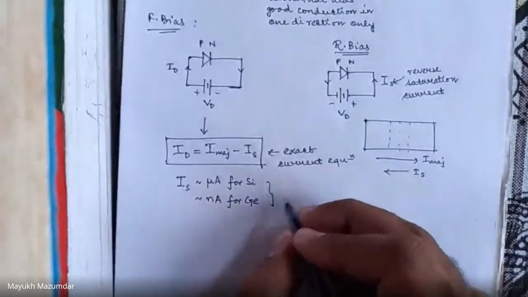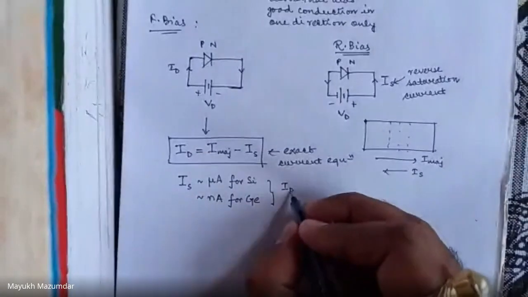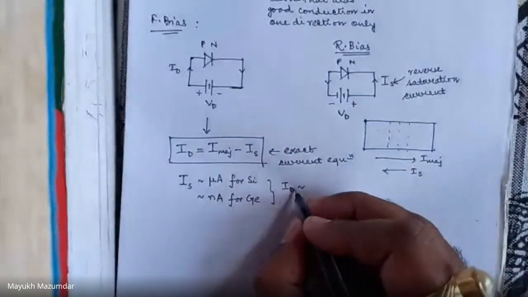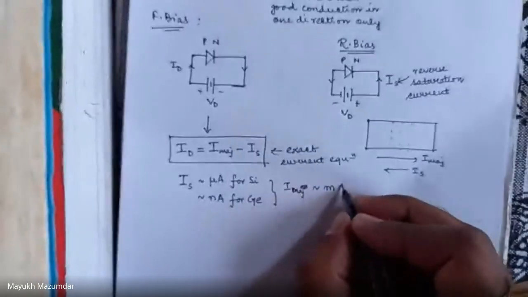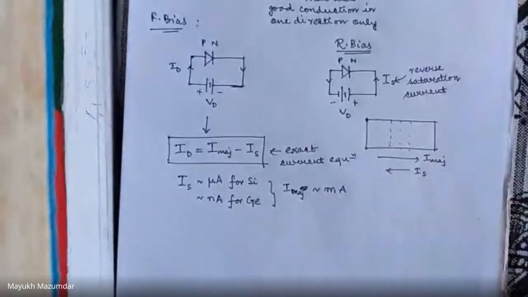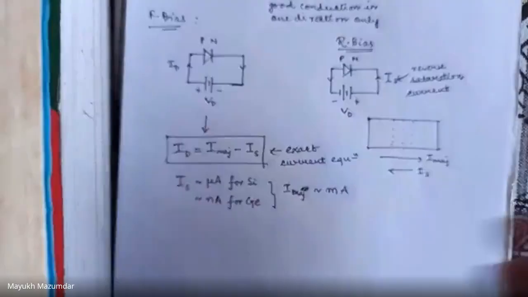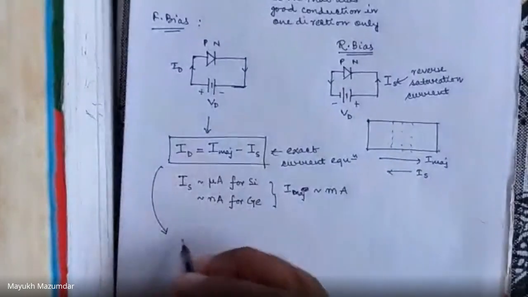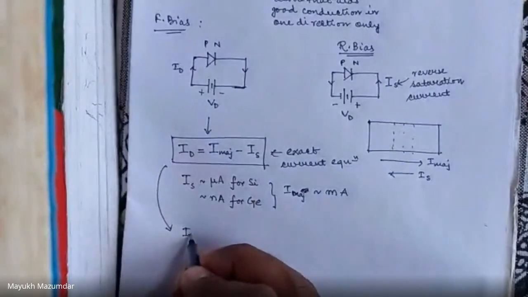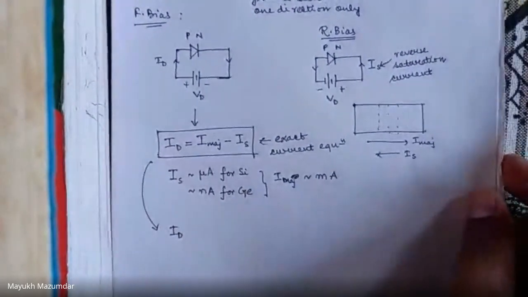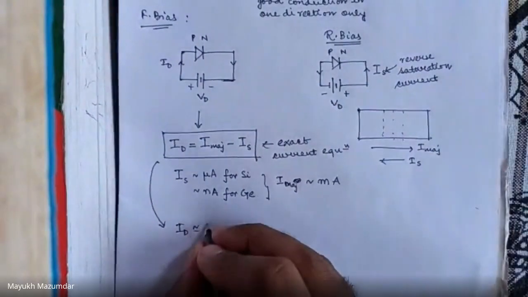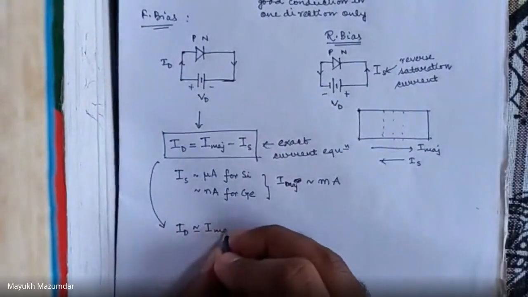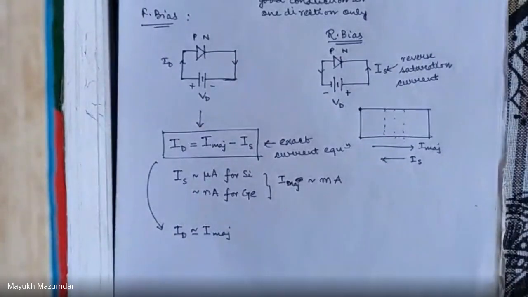And the majority carrier current is of the order of milliampere. So there is no harm if we say that this ID current flowing through the diode in the forward bias is nearly equal to the current due to the majority carriers only. Am I clear?